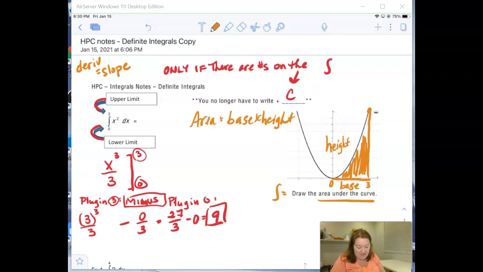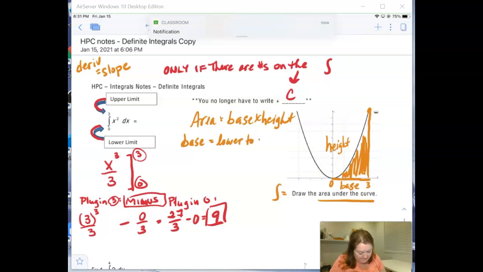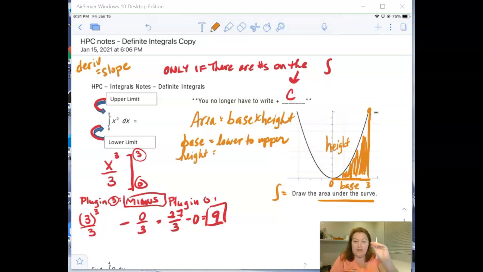Pretty cool, right? The height is always the vertical distance from the curve to the x-axis. So we stop right down here.